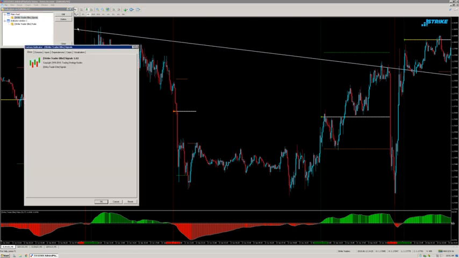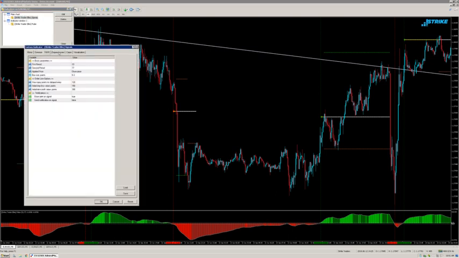If I go to the settings now, the settings right now are such that you get a signal once the reading of the pulse indicator goes beyond 0.3 from the 0 line. And then the signals are based on these 12 pips, 15 pips stop loss, 30 pips target.